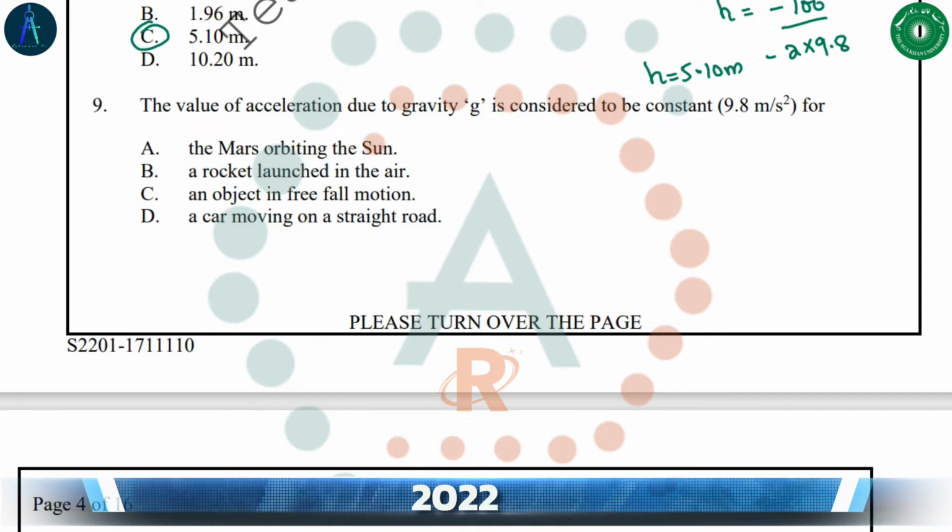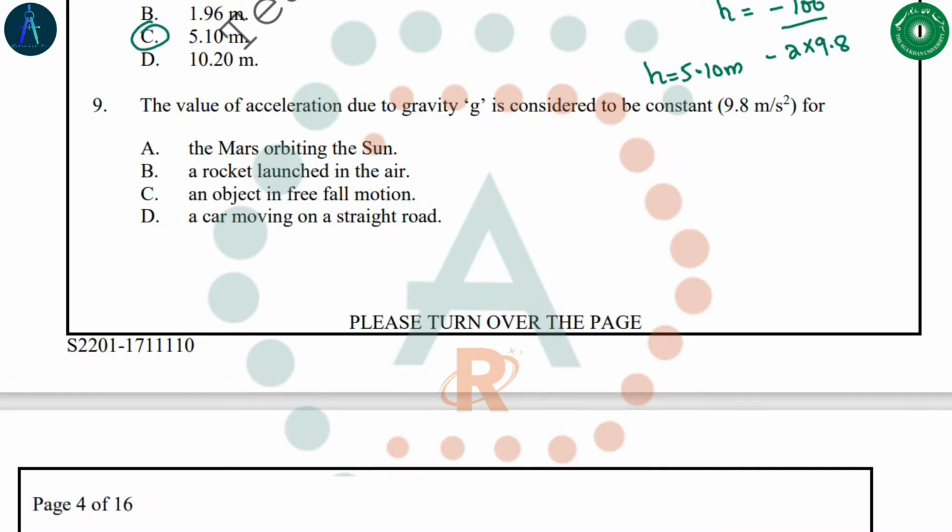Then we have question number 9. The value of acceleration due to gravity g is considered to be constant for Mars orbiting the Sun, a rocket launched in the air, an object in a free fall motion, and a car moving straight on the road.